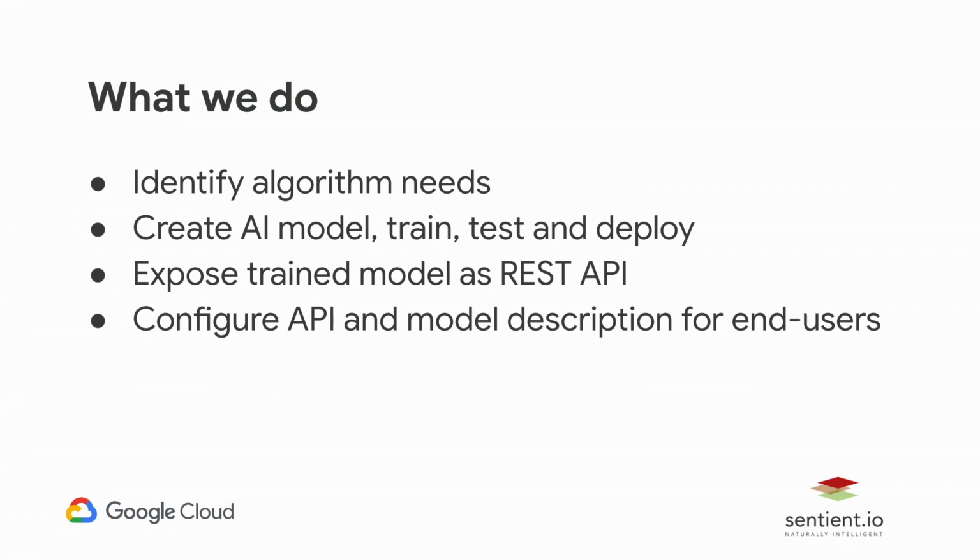After that, we have to expose these models as REST call APIs so that it makes your life easier, because all you need to know is how to take REST call APIs into your app. And then finally, we have to make the APIs discoverable for you. So all these things are fully automated in our backend.